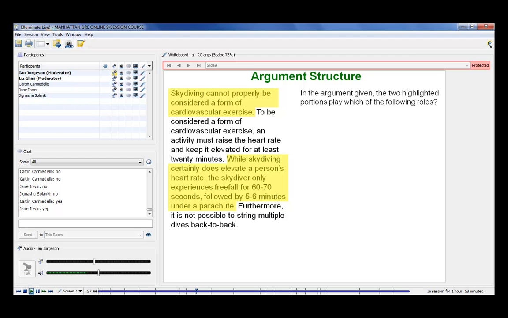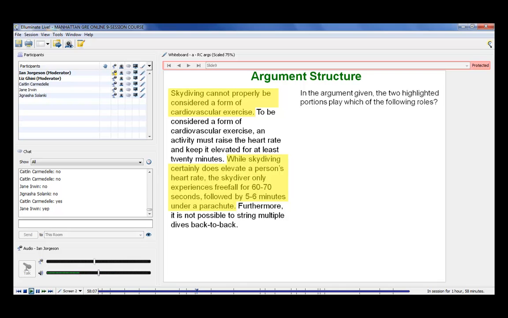This really is an author's conclusion somewhere in there that's supported by different facts. So we need to be able to recognize that structure. We need to be able to think about what role is being played. And the way to do that is to try to figure out what each of the parts of the argument is. So let's take notes.